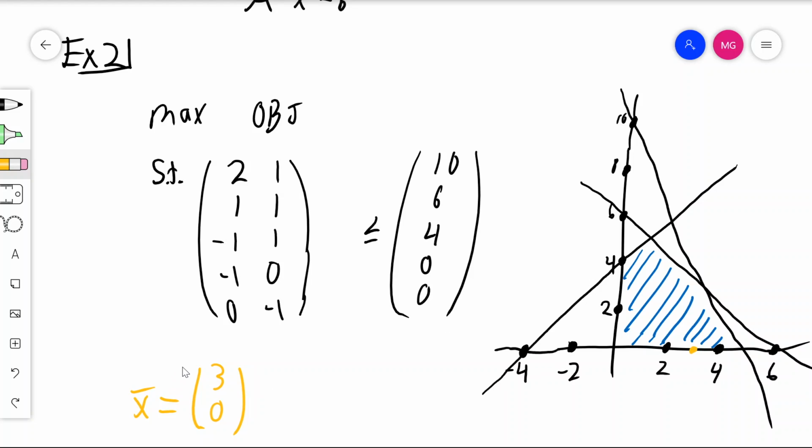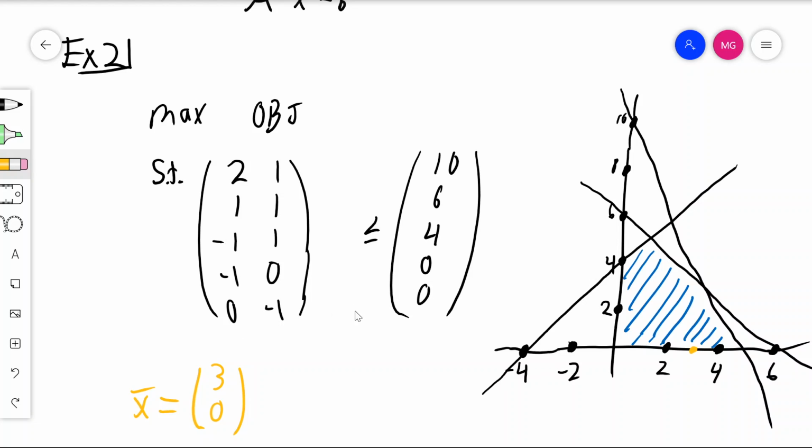And I'm picking the point x bar to be (3, 0). So that's this yellow point right here. And you can see that it lies on only one boundary, which is this bottom boundary, corresponding to x2 being greater than or equal to 0, or in other words, negative x2 being less than or equal to 0, because we write everything as less than or equal to constraints.